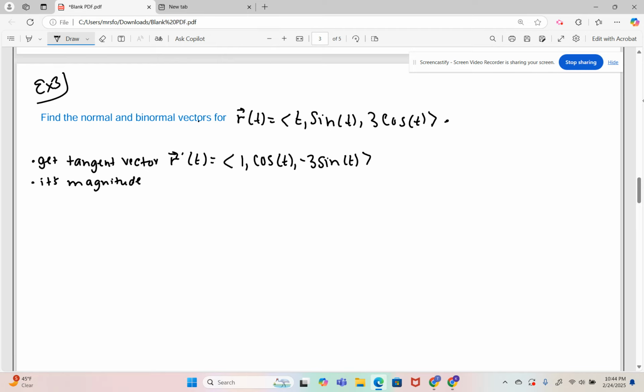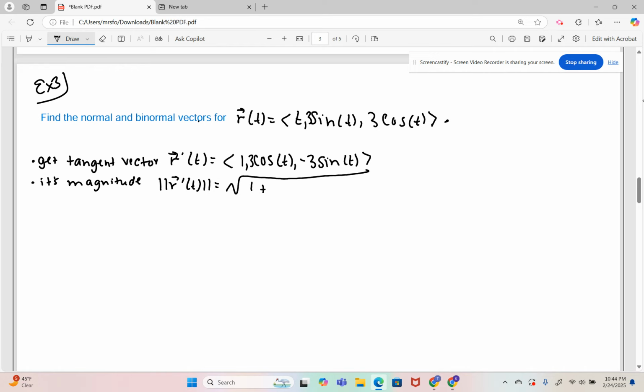So the magnitude, and I do always like to use my notation. So this is going to be 1 squared, which is 1. Oh, I wrote this wrong. I wanted to do 3 sine t and 3 cosine t. So all I did now is I added the 3 in there.